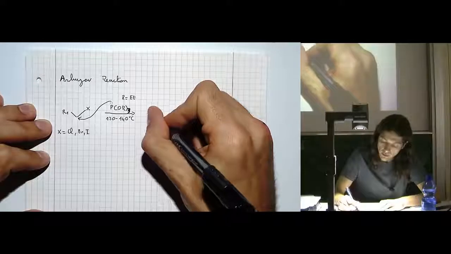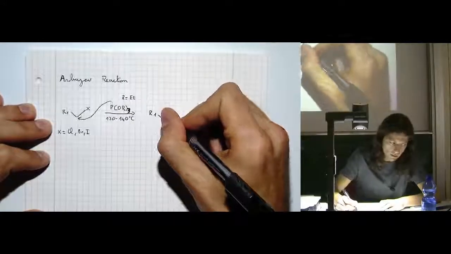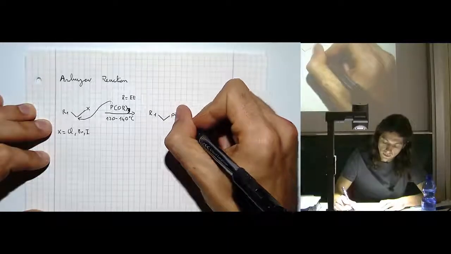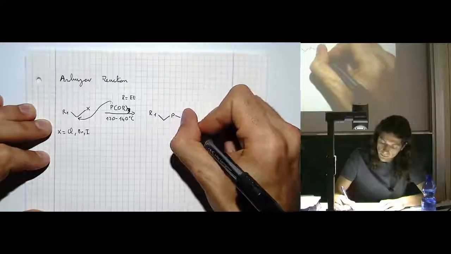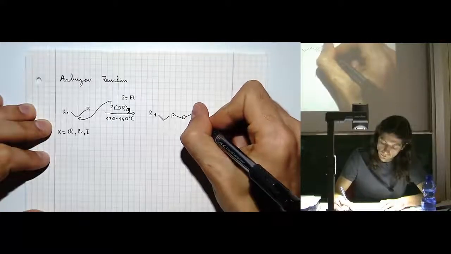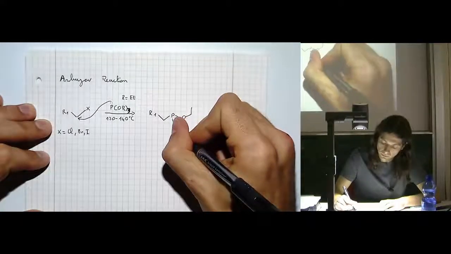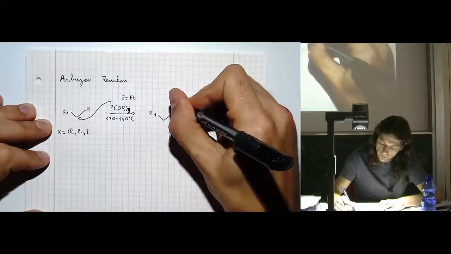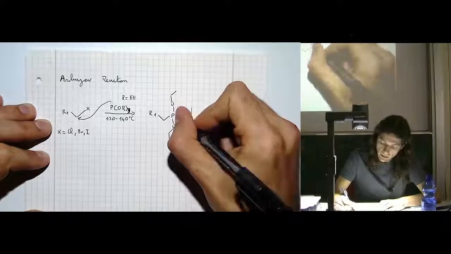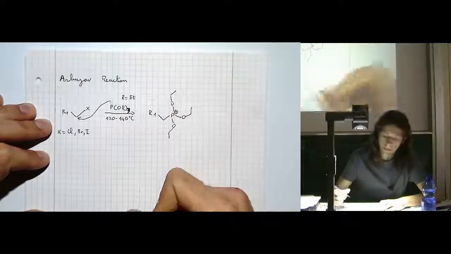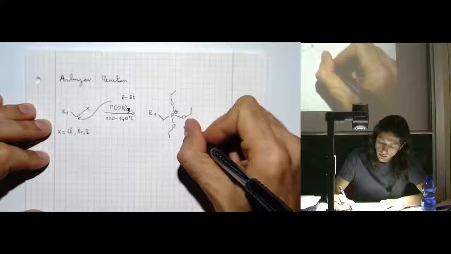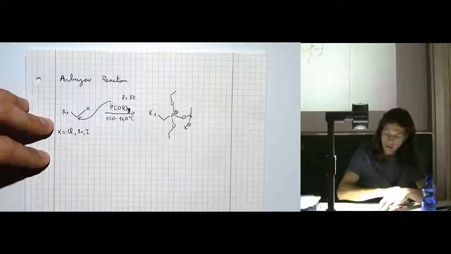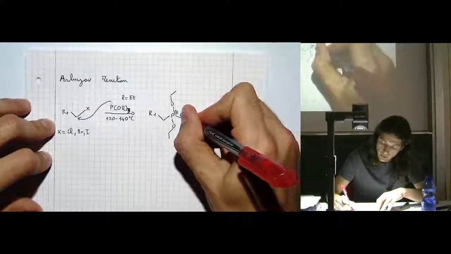Okay, so we have a plus charge, and the halogen now can attack this center and come here.